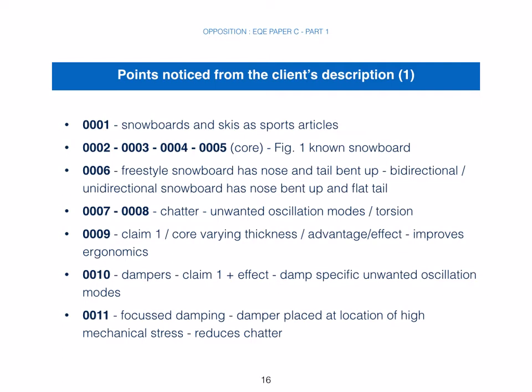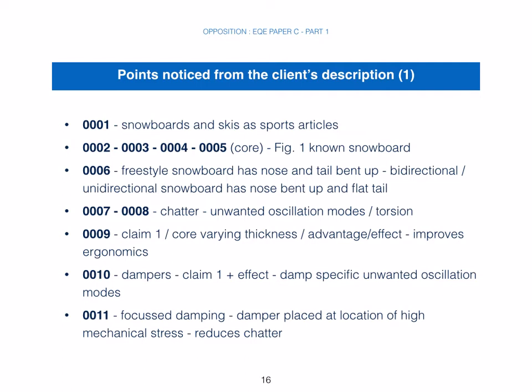Paragraph 9 is related to claim 1 because it talks about the core varying thickness, and it states that this has the advantage or the effect that it improves ergonomics. So the effect relative to that claim is something we will for sure use later.